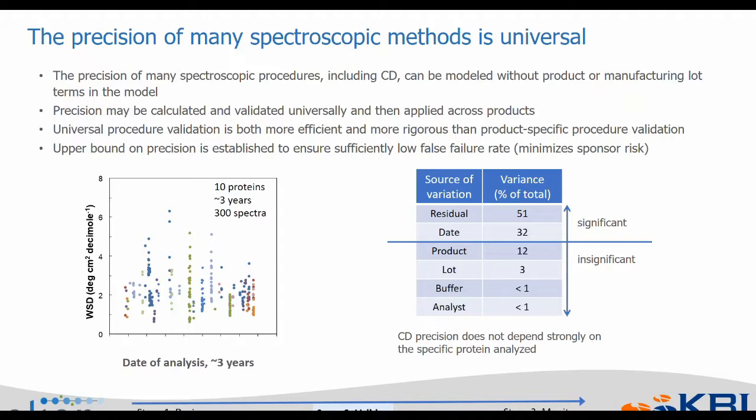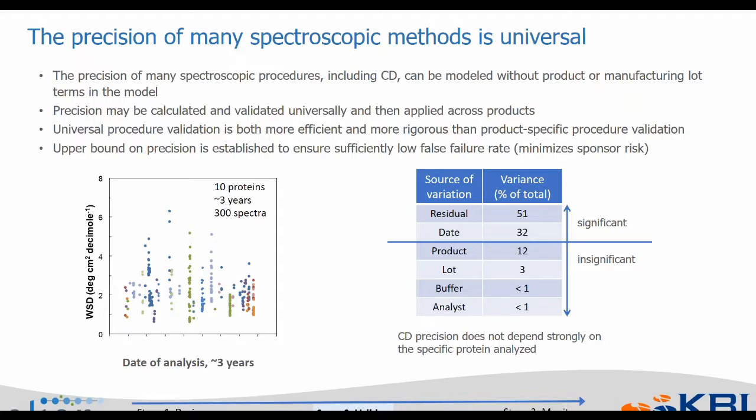So what we were able to do is take this, again, very large body of data and partition the variance into sources. So we looked at a variety of different sources of variation. We had the metadata that we needed to do this and parsed it out into residual, date, product, lot, buffer, and analyst related variance. And as you can see, the majority of the variance, in fact just over 50%, was from random error, residual variance.